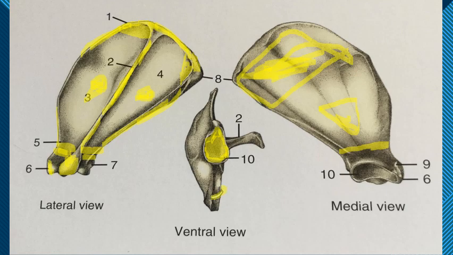So coracoid process is present just medial to the supraglenoid tubercle, at the medial aspect of scapula.